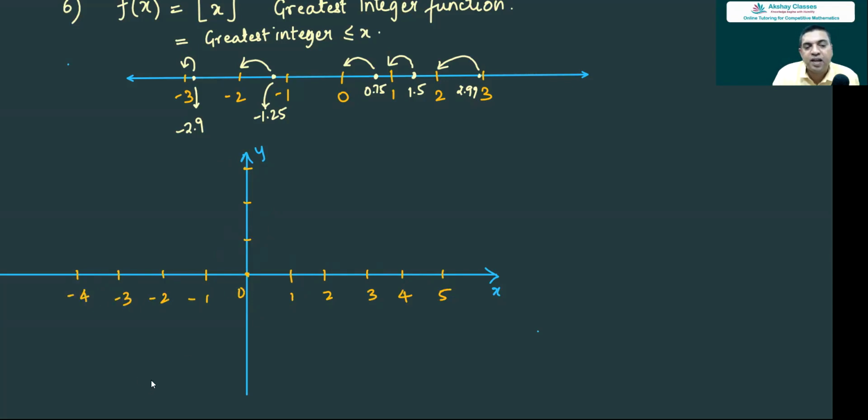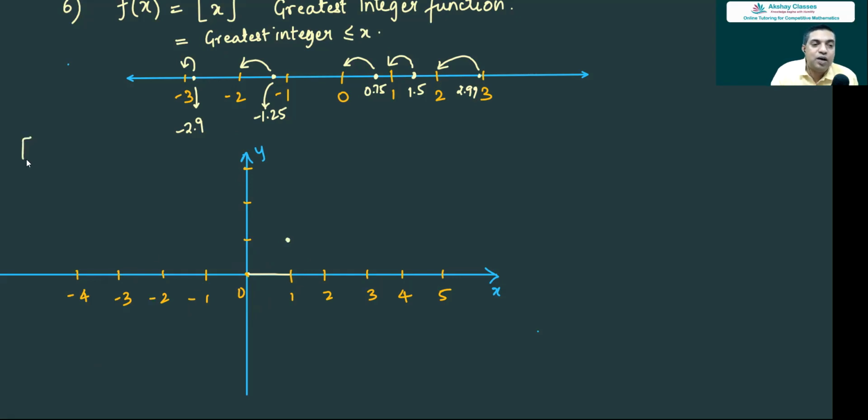Here it is 0. For any number that lies between 0 and 1, the value of the step will be 0. If it is equal to 1, it will be 1.